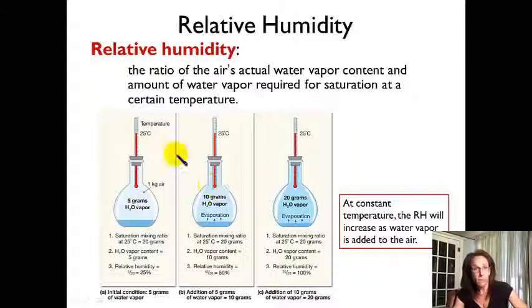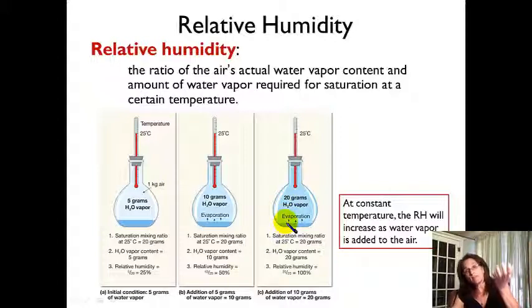Now we'll open the stopper and we'll stuff 5 more grams of water vapor in. And now we're at 50% relative humidity at 25 degrees Celsius. So now the air contains about half of the water vapor that it could contain. And now if we open it up and we stuff another 10 grams in there, so we have 20 grams of water vapor, now we're at saturation.